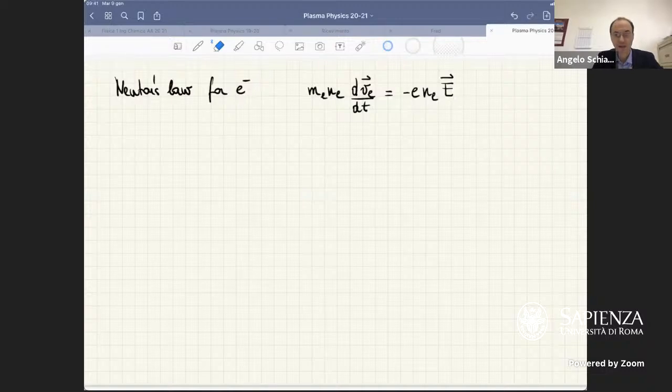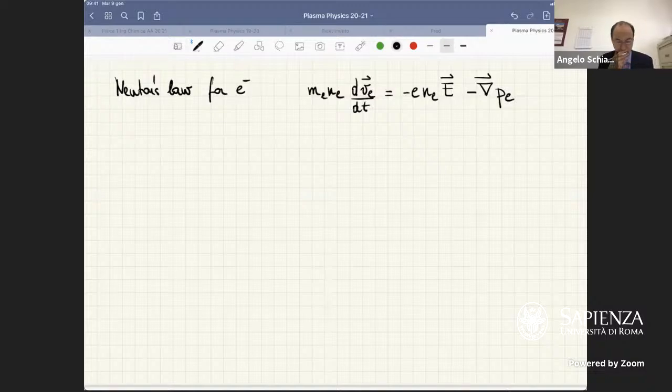In general, this is true for both the equilibrium value and for the small perturbation value. And then, since we are in a plasma, on top of this Coulomb term we have forces arising from the pressure gradient, so from the collisions among the various species. So we have minus the gradient of the pressure of the electrons. So this is Newton's law for the electrons.